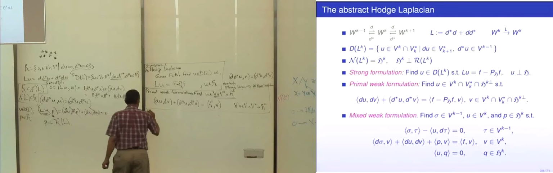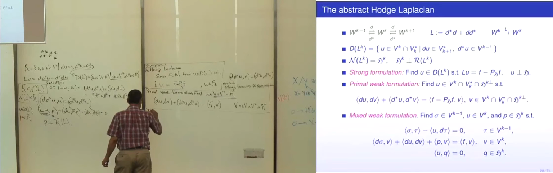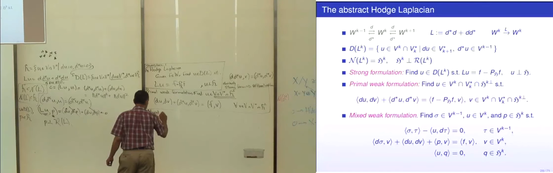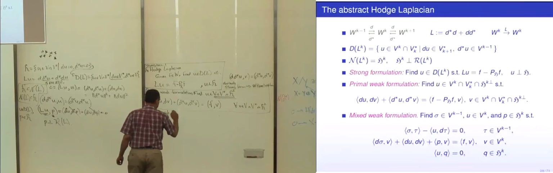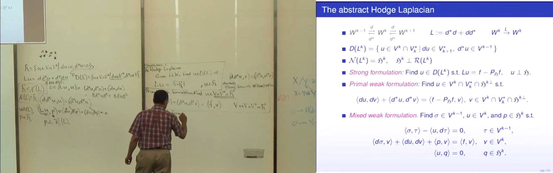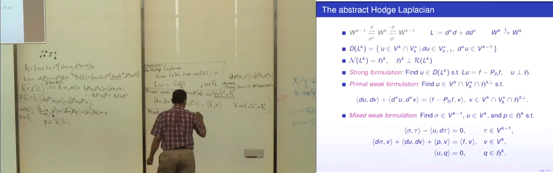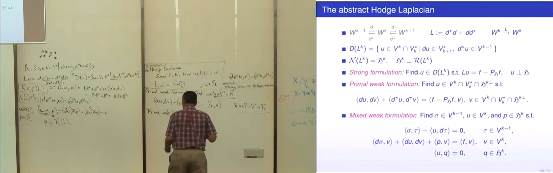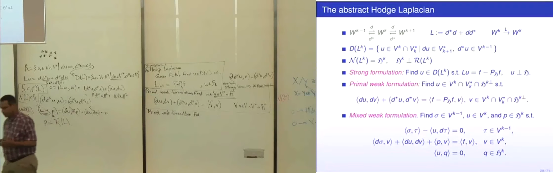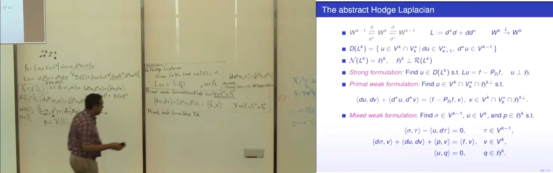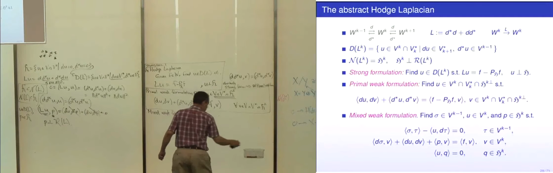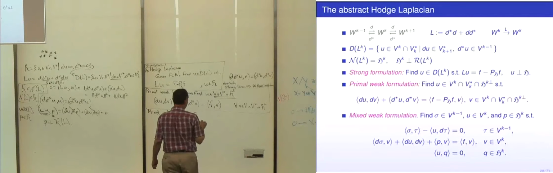And now finally I want the mixed weak formulation, or the dual weak formulation, well, the mixed weak formulation. So again, we start with an f in W, and now we want to find, I'm going to introduce two new variables in this formulation.